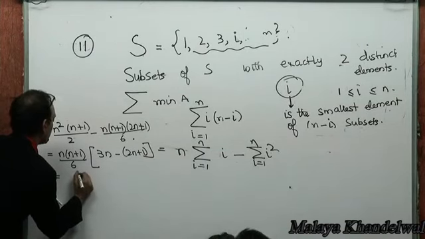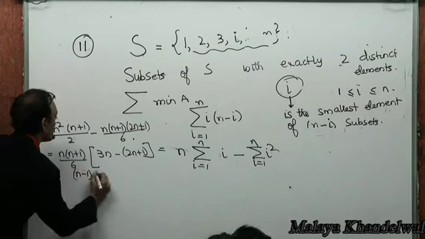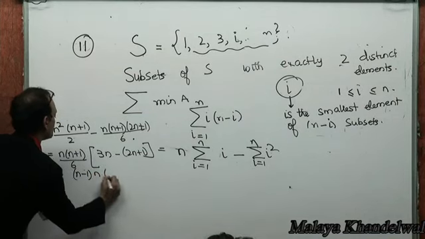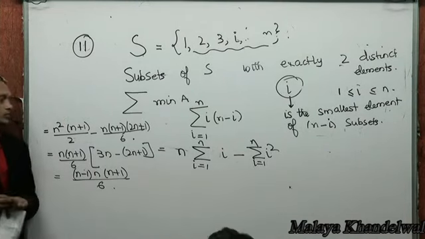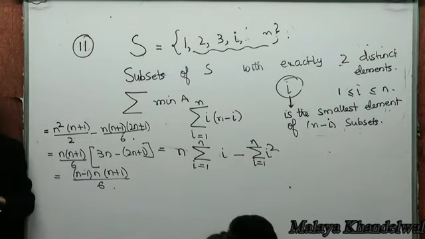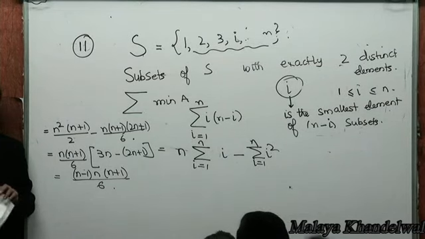So n minus 1 into n plus 1 by 6, n into... Clear?